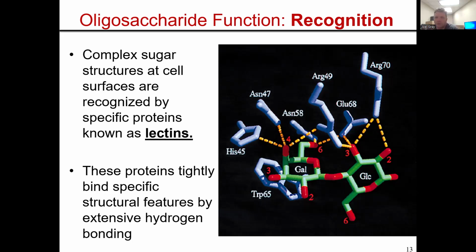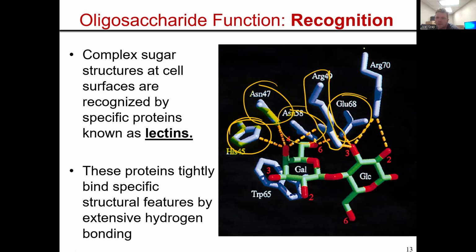So whenever you see this, think about what amino acids would most likely participate in this hydrogen bonding. Histidine, asparagine, arginine, glutamic acid. Those are all strong candidates for hydrogen bonding.